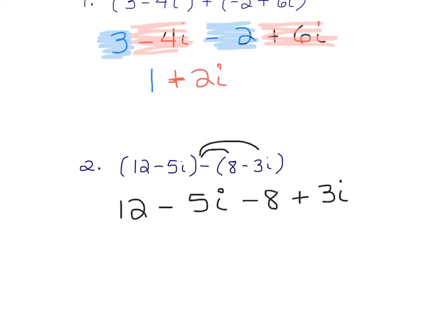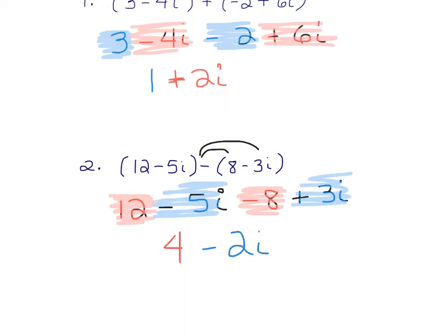So you're sort of doing a keep, flip, change. We distribute the negative sign. Now I can add my real pieces. 12 minus 8, and I get 4. Now I get my imaginary, negative 5i plus 3i, and I get negative 2i. And I'm done.